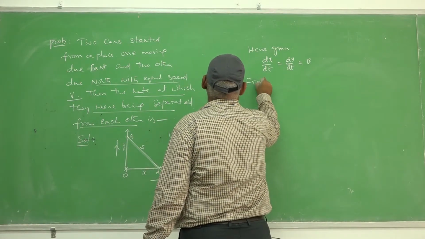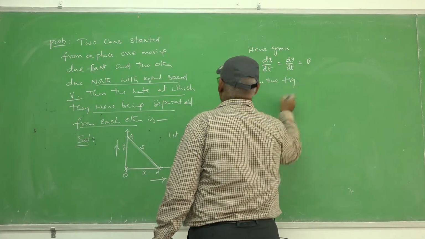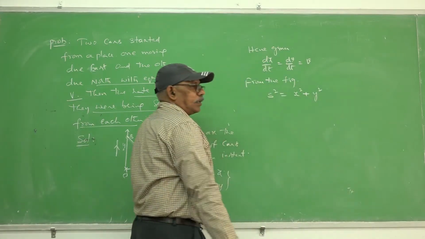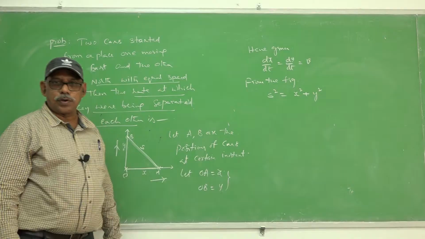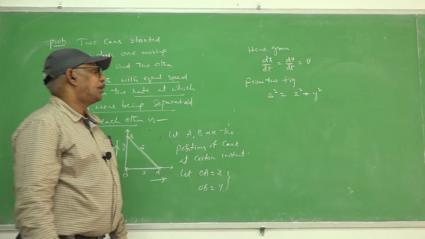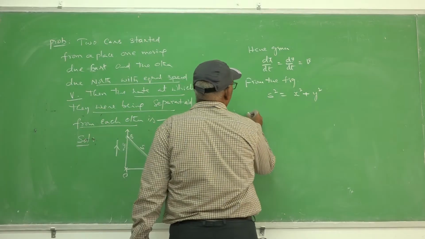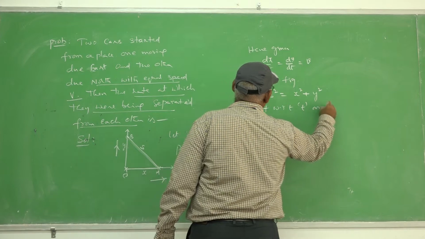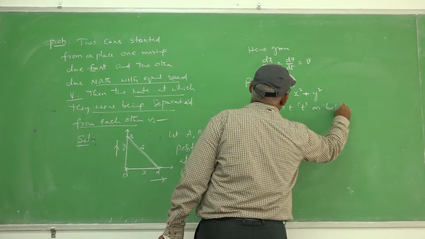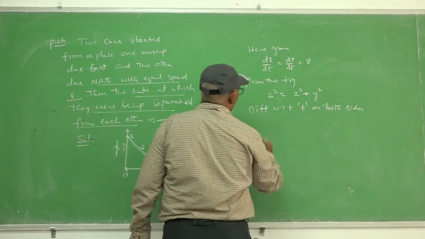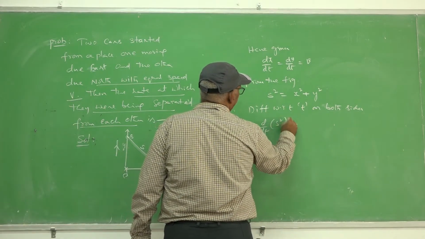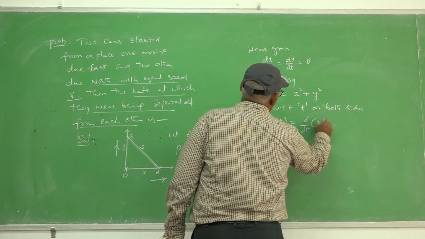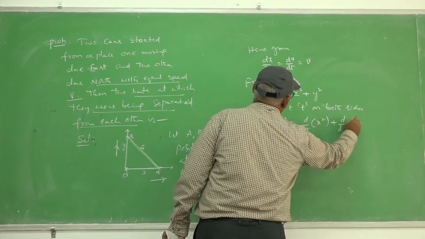So from the figure, s square equals x square plus y square, by Pythagoras theorem. Differentiating with respect to t on both sides, d by dt of s square equals d by dt of x square plus d by dt of y square.